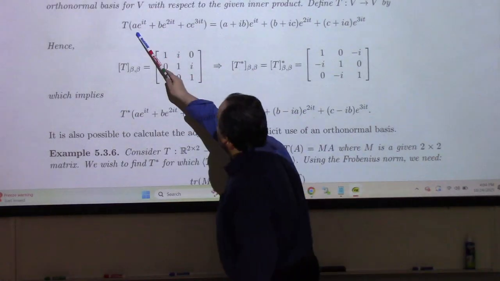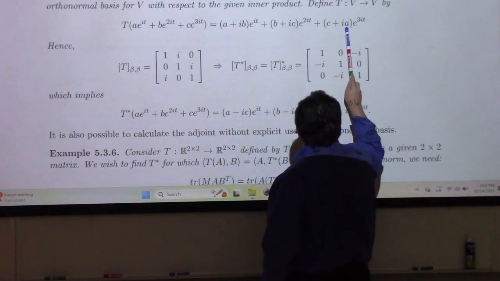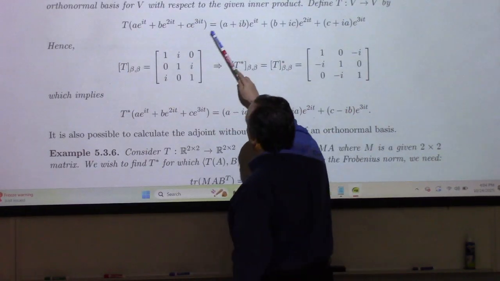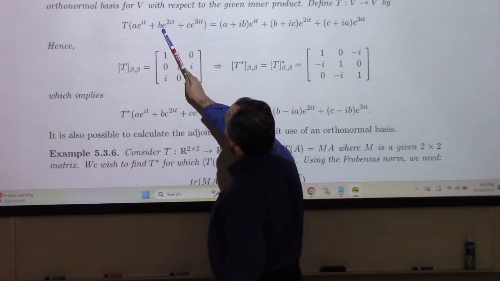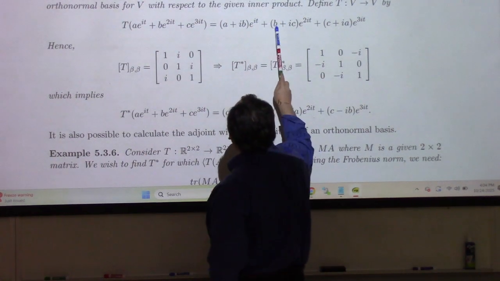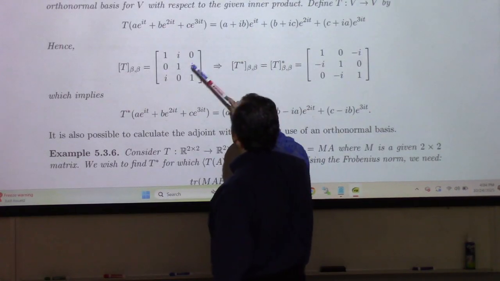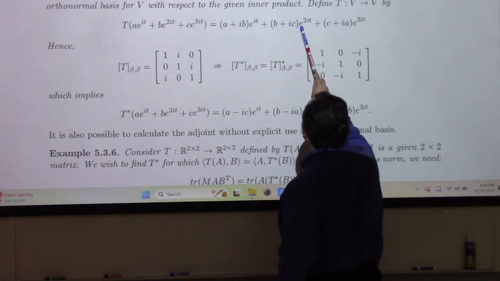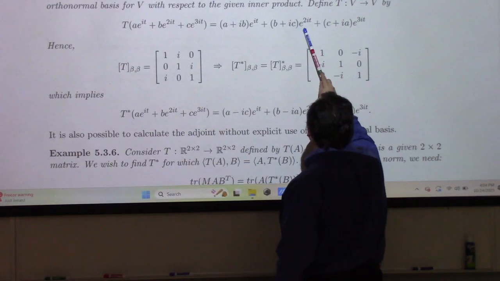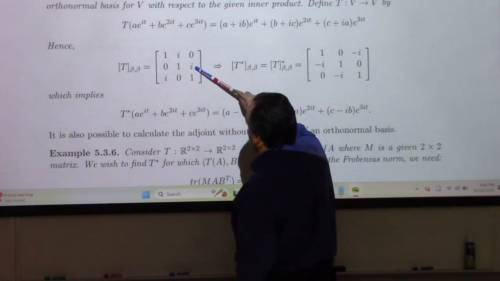The A gives me here, right? And also there. So that's why I've got a 1 here and an i there. When I track B, that gives me this piece and that piece, which gives me an i up here and a 1 there. When I track C, C goes here and here. So I'm mapping to i e to the 2it and e to the 3it, which is why I've got the i and the 1 here.